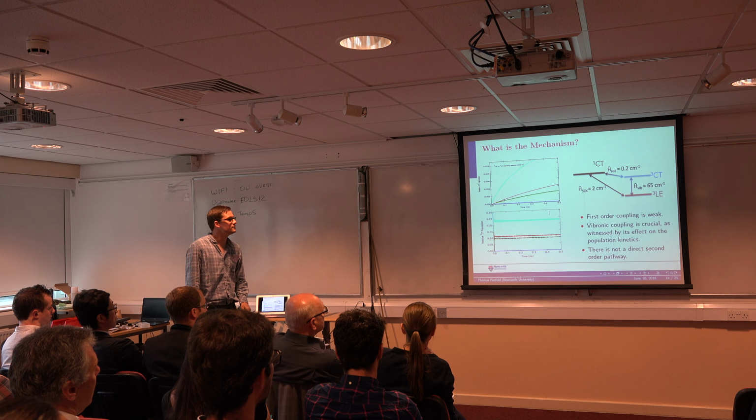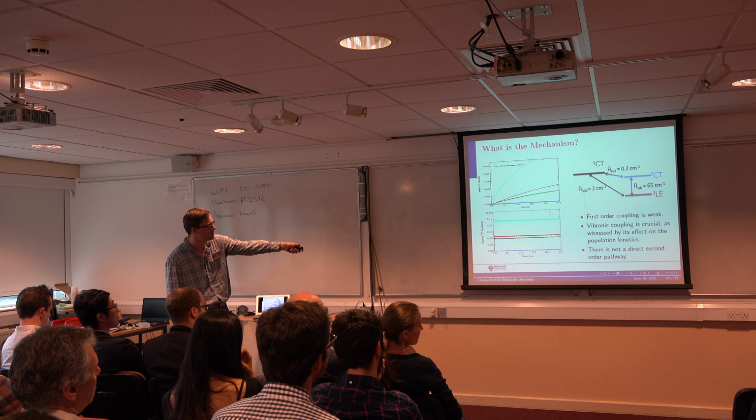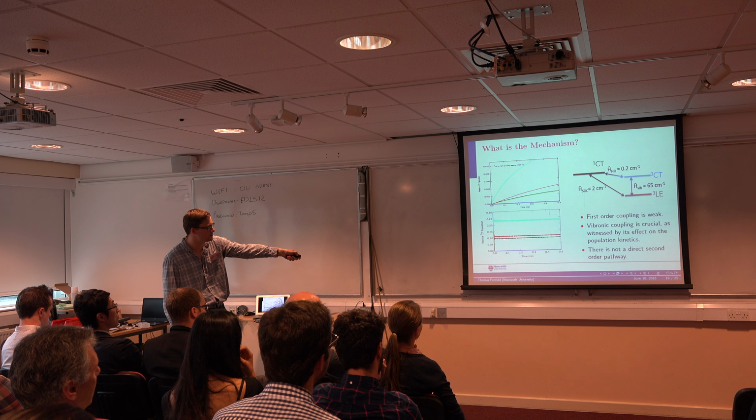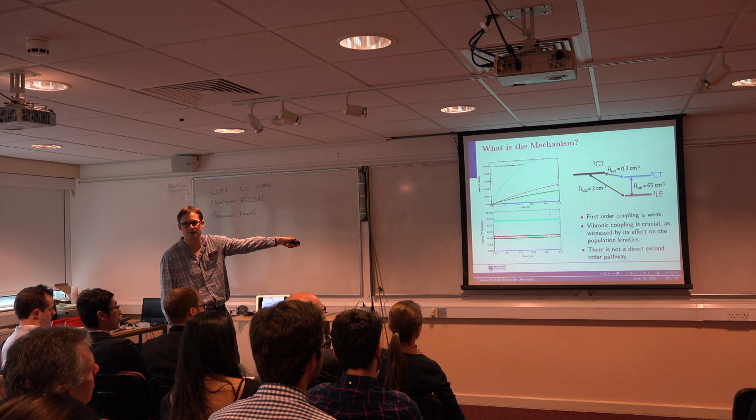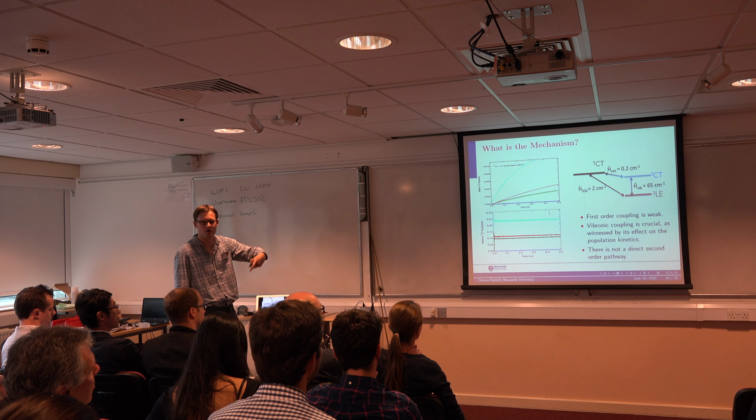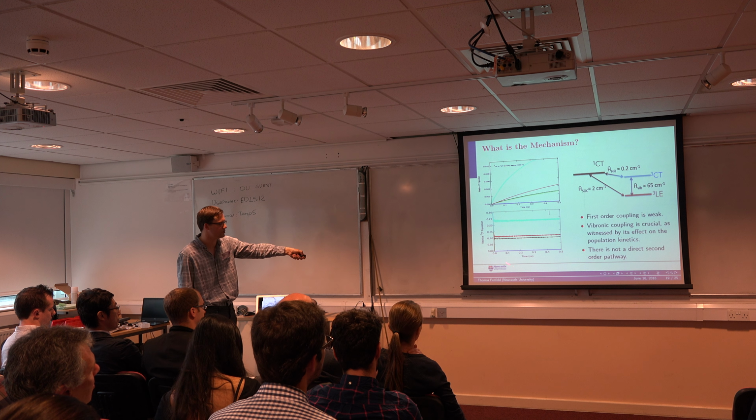Here this just reiterates this mechanism, and this is the population of these triplet charge transfer states. You can see again the black line, the original Hamiltonian: in all simulations you very quickly reach an equilibrium between these two states. So the population of this state remains virtually constant after a few tens of picoseconds.